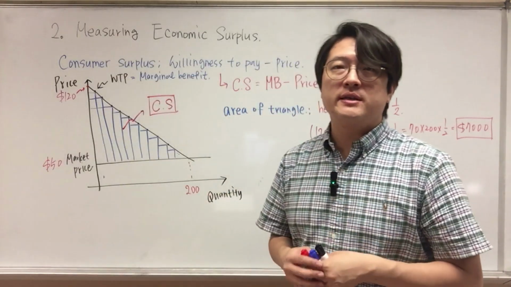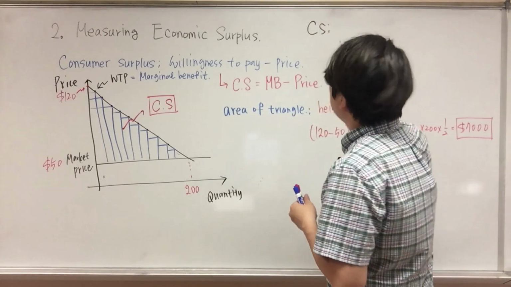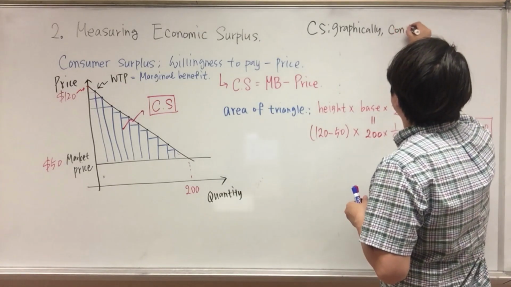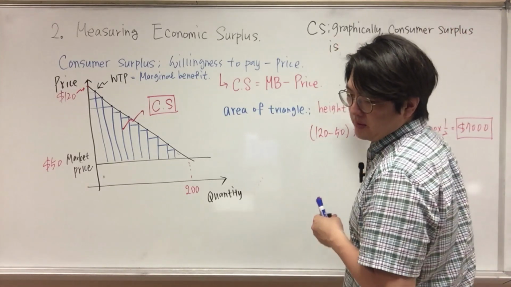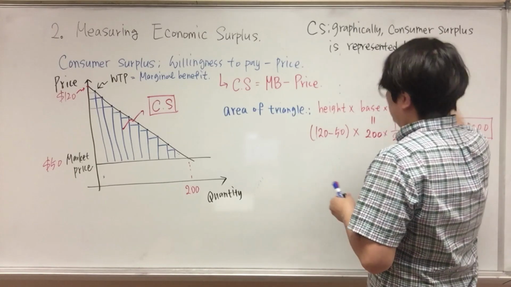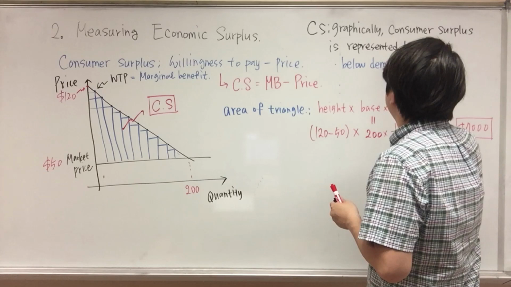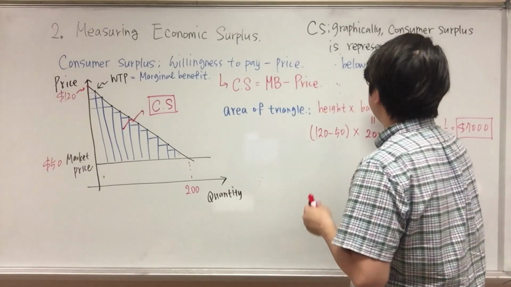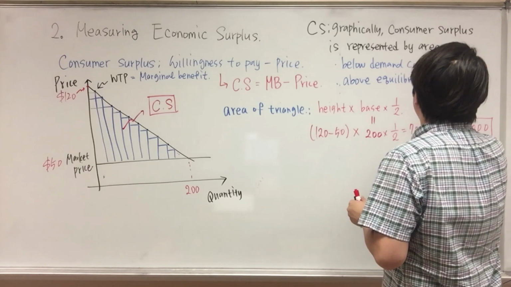So we can define consumer surplus. Graphically, consumer surplus is represented by the area below the demand curve and at the same time above the equilibrium price, which is the market price.